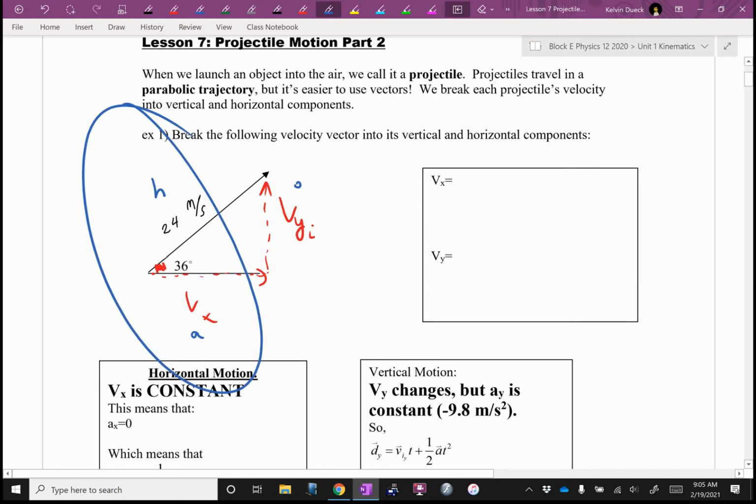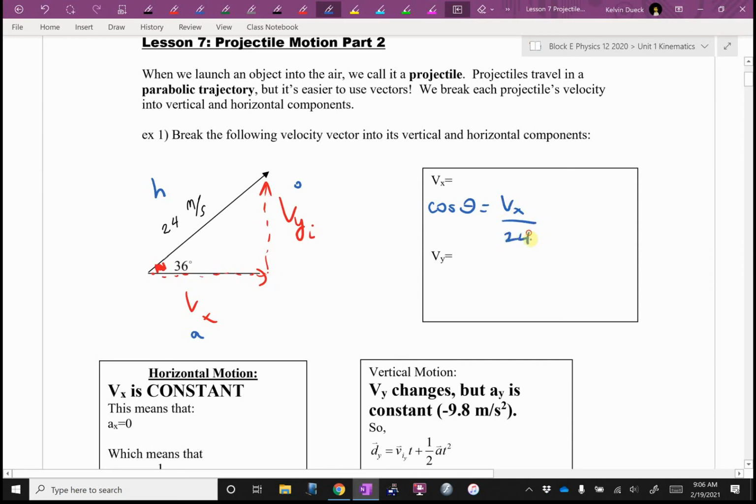So if I'm finding Vx, which trig function am I going to use? A and H. Which one is that? Cosine? So it's going to be cos theta, I'm doing a generalized version, equals Vx over 24.